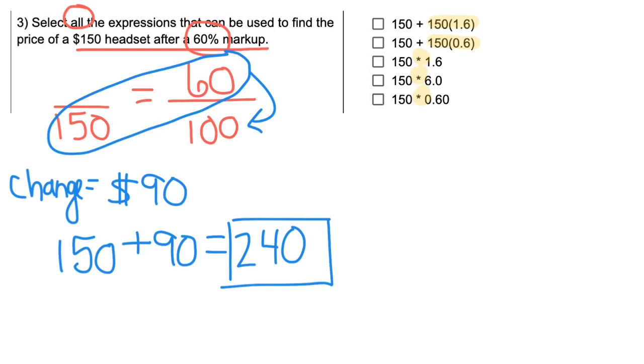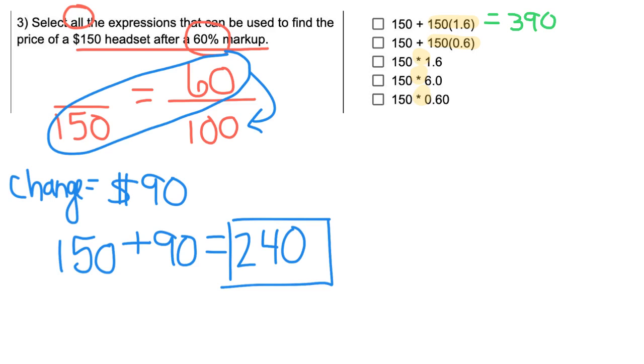The first one, I'm going to start with what's in yellow, 150 times 1.6. I'm going to hit enter and add 150. Whoopsie, let me use a different pen on that. That equaled 390, but our target was 240, so that one's no good. Let me try the second one.